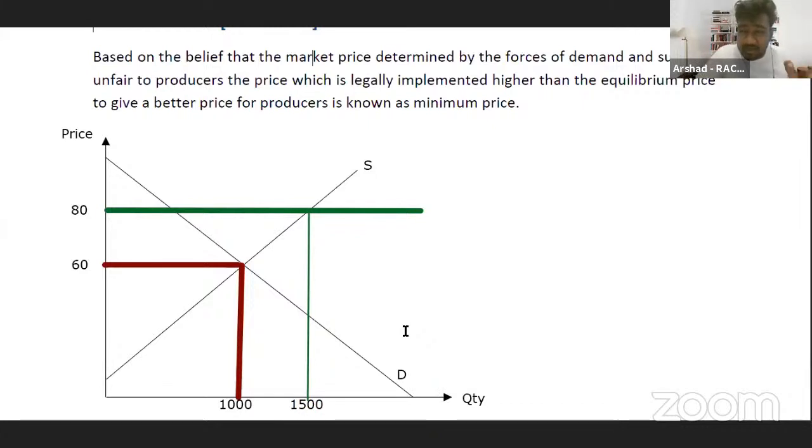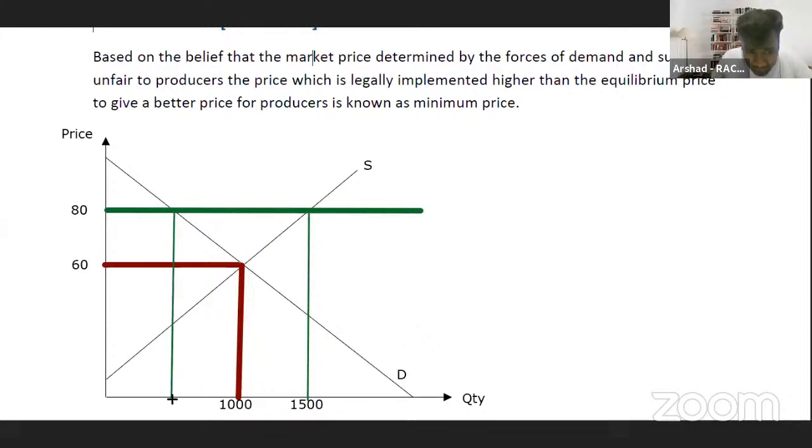Okay. But then at the same price, what will the consumers do, guys? When the price of rice went from 60 to 80, what happens to the quantity demanded? The demand will fall. The consumers now, who paid only 60 rupees, have to now pay 80 rupees. Problem, right? So the demand falls. So what happens over here?